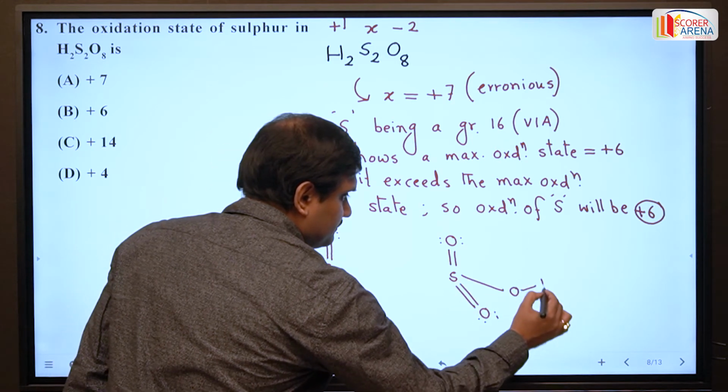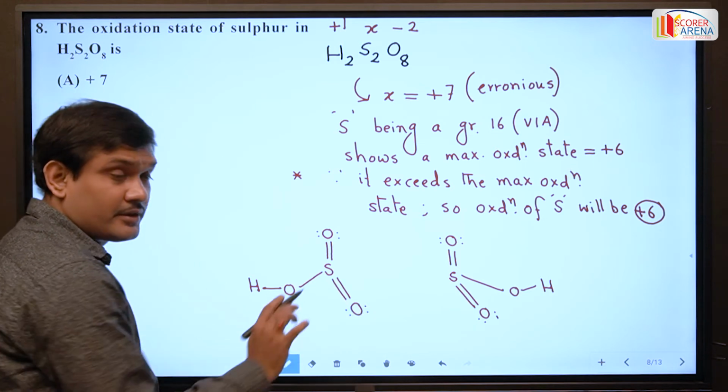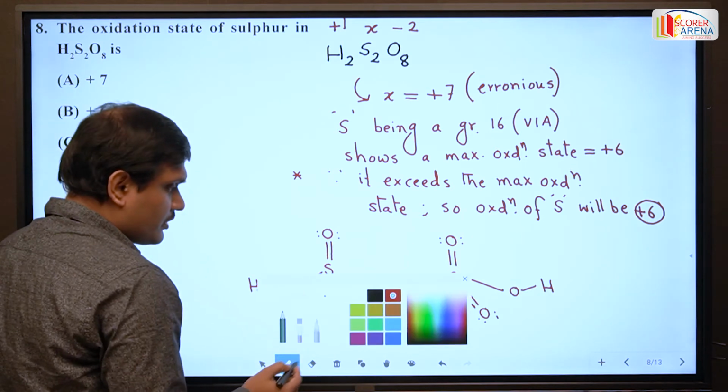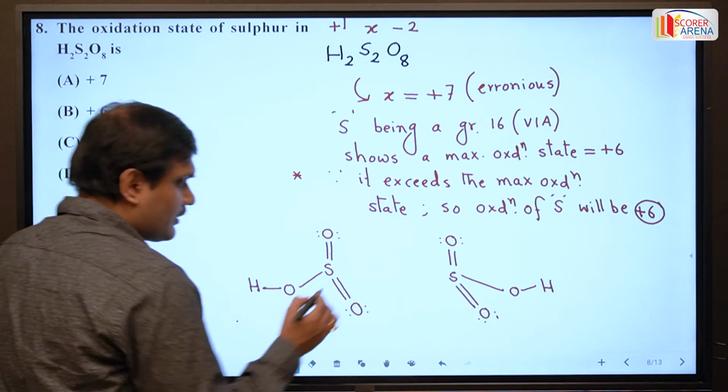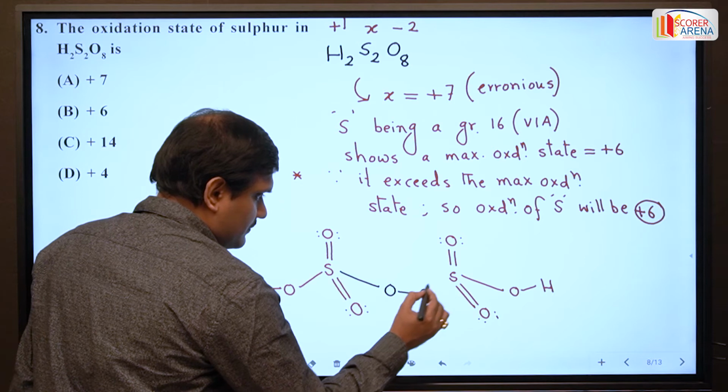Now think, how many oxygen atoms are left? I have already written 6 oxygen atoms. So the remaining oxygen atoms will definitely be present in the form of peroxides.